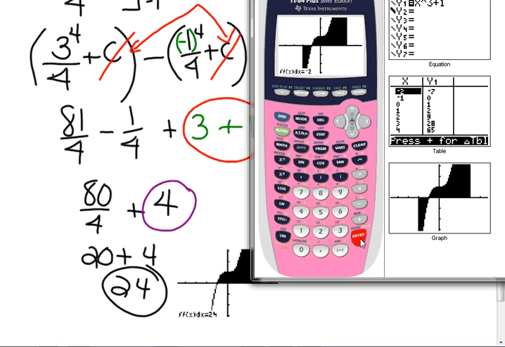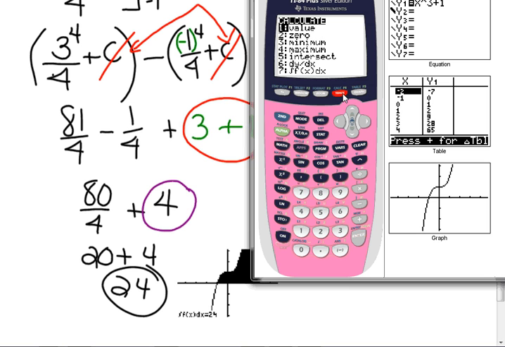I have to clear my drawing first, because it won't clear out if I don't do that. So I'm going to go -2 to 0. Okay, maybe this helps.